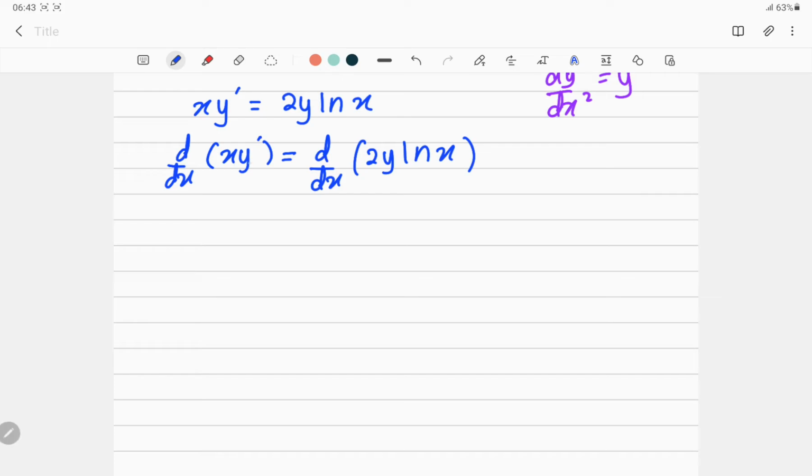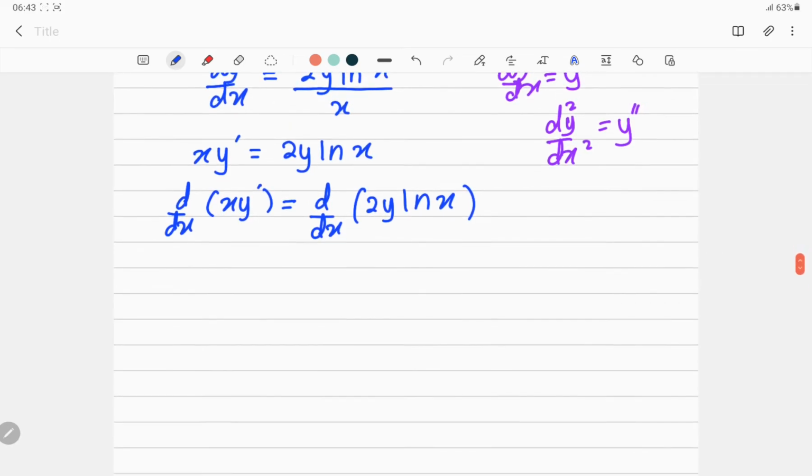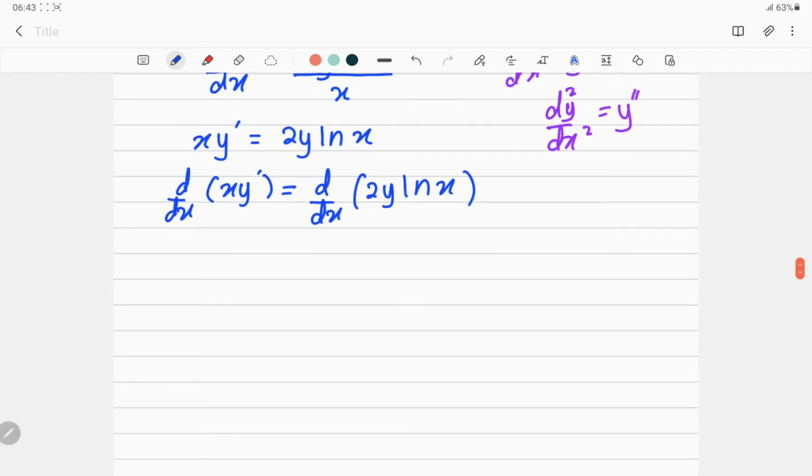This x y prime is a product of two functions, so we have to use the product rule. Same goes for the right hand side. For x y prime, I differentiate y prime first, so I get x y double prime plus, and then I differentiate x, which is 1, keeping y prime as a constant, so I get y prime. This equals the derivative of 2y ln x.